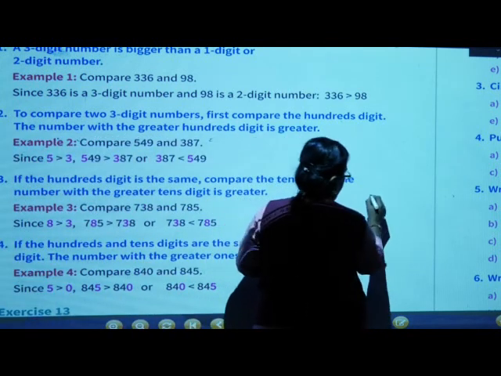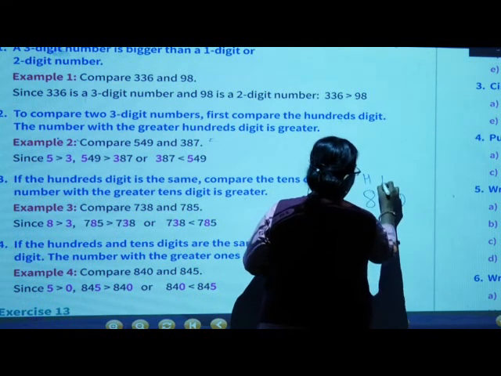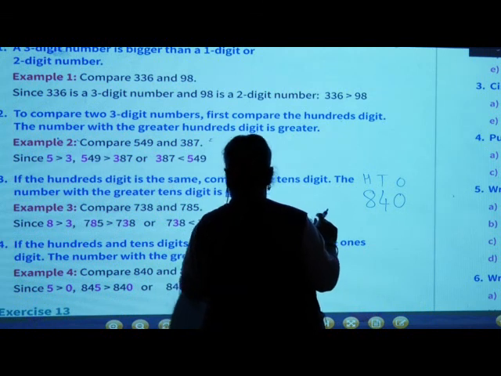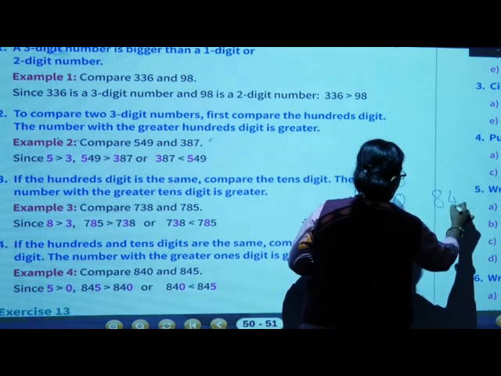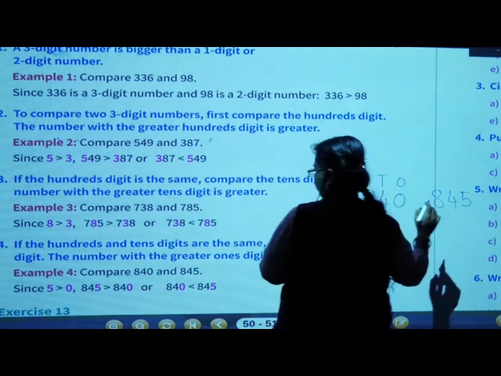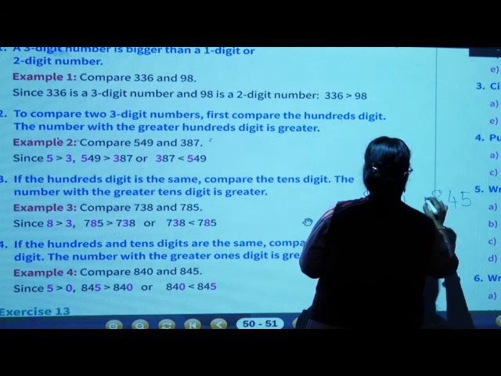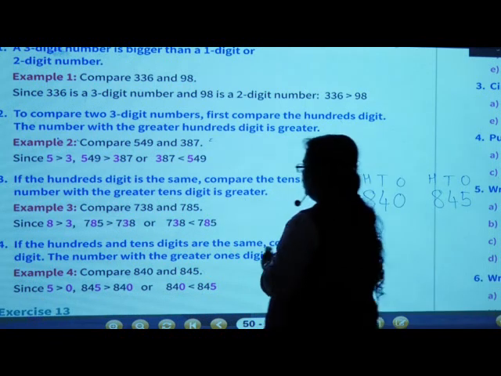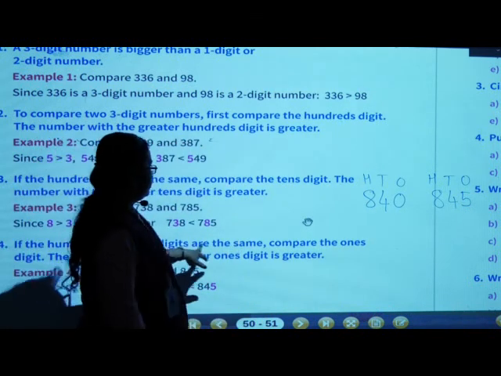840, hundreds, tens, ones. Okay. Then 845. Now if the hundreds and tens digits are the same.